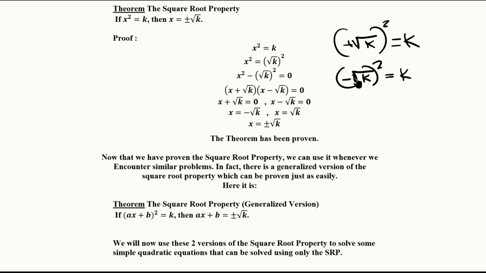Well, remember, there are only two items that if you square, you get k. Therefore, this expression that is being squared to give us k must be one of those two numbers right there, either positive square root of k or negative square root of k. So let's go ahead and look at some examples now.